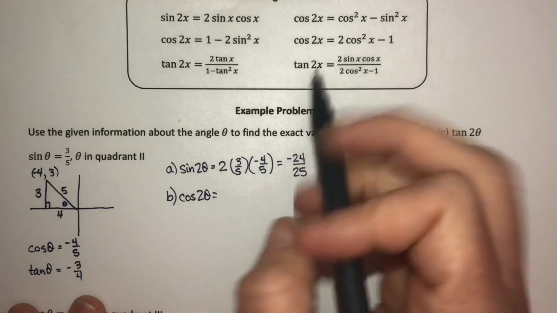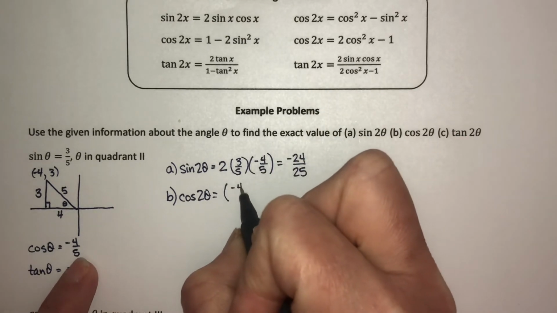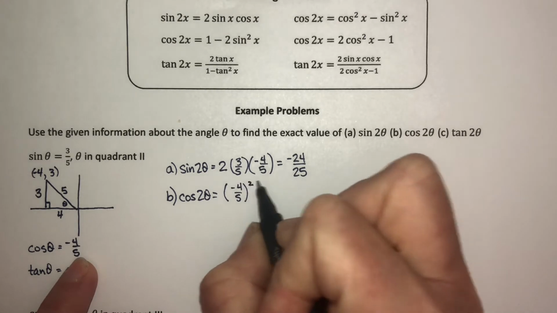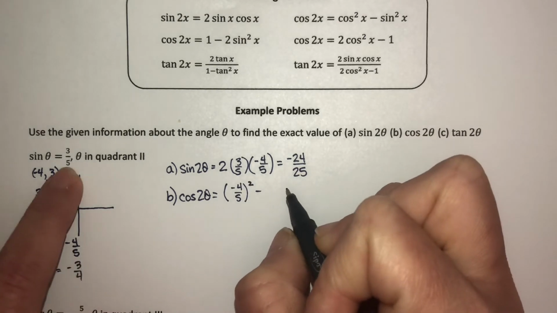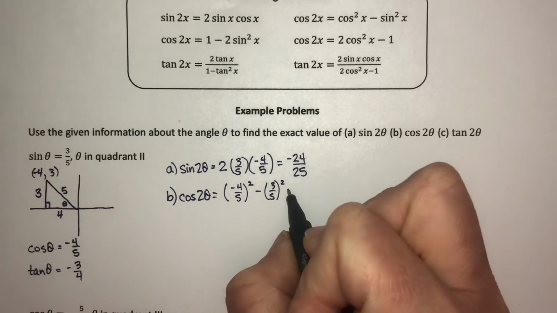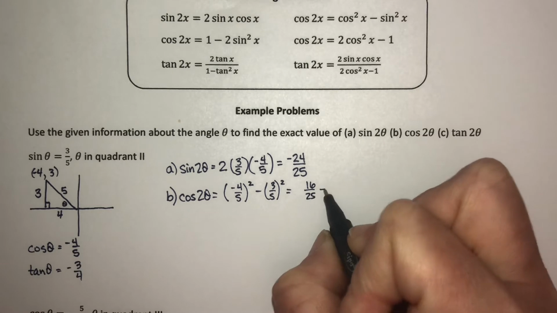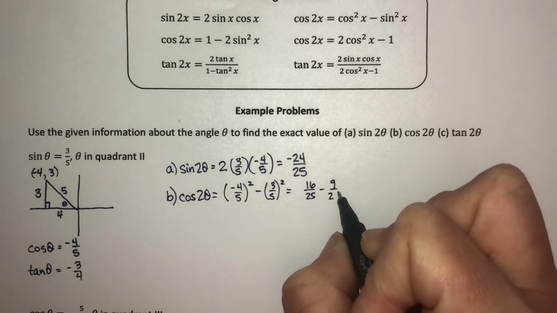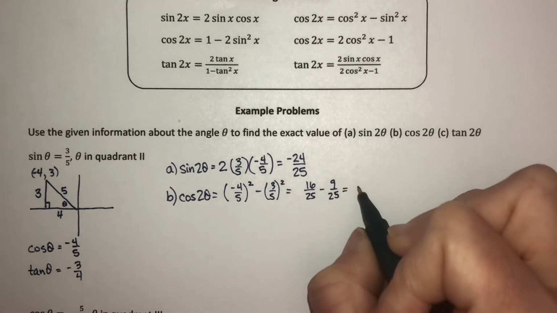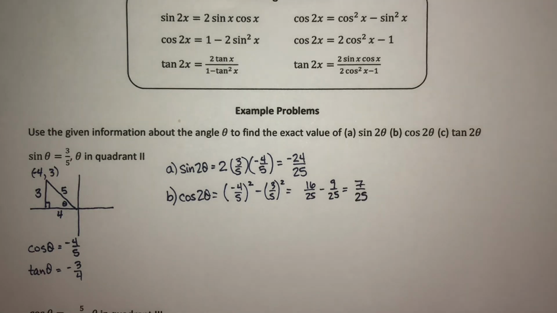So if I'm using this one, I need to do cosine squared, -4/5 squared minus sine squared, 3/5 squared. So that is 16 over 25 minus 9 over 25, which gives me 7 over 25. So that's cosine of 2 theta.